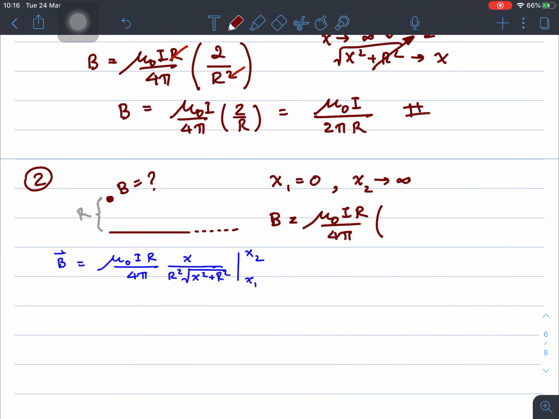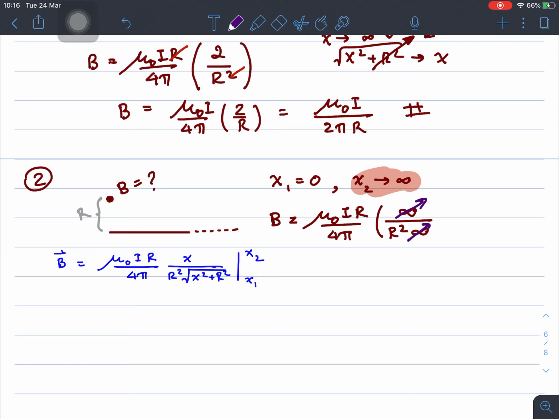If I take x2 to infinity, what I have for this term is infinity something divided by r squared and divided by infinity, so the x towards infinity will be cancelled out in this term.